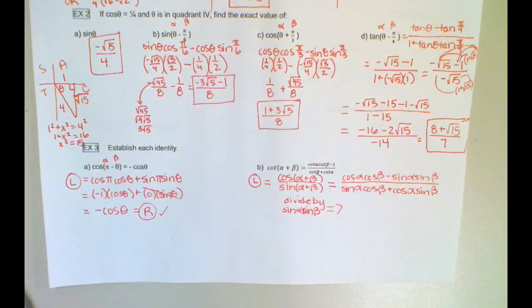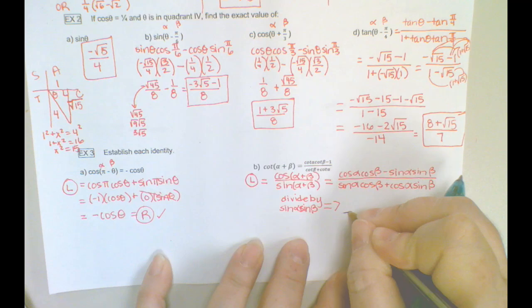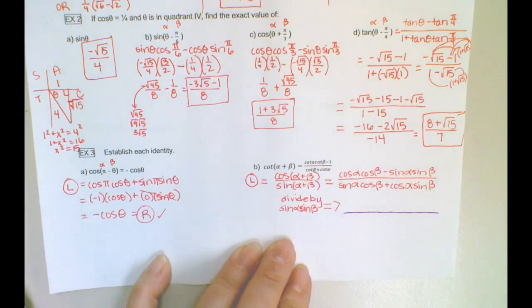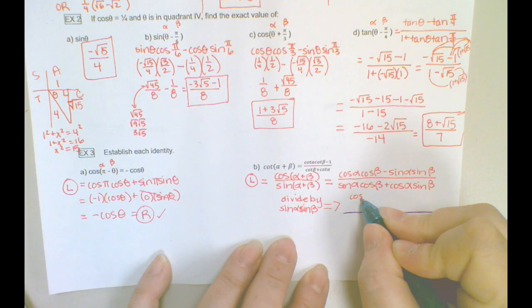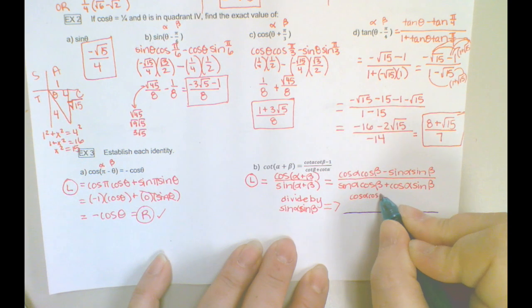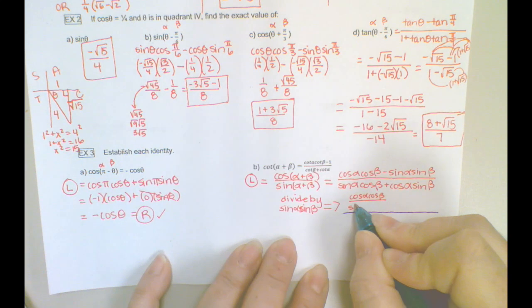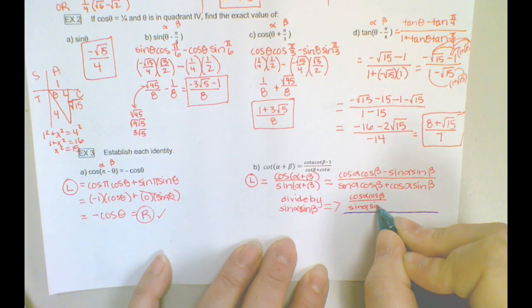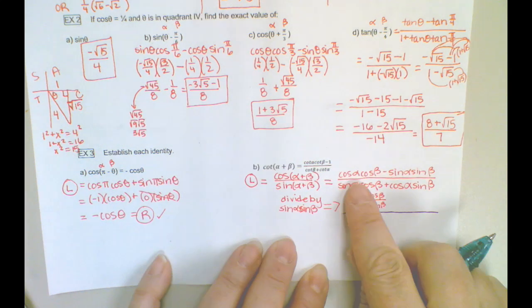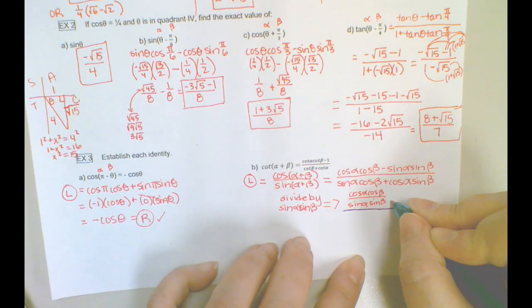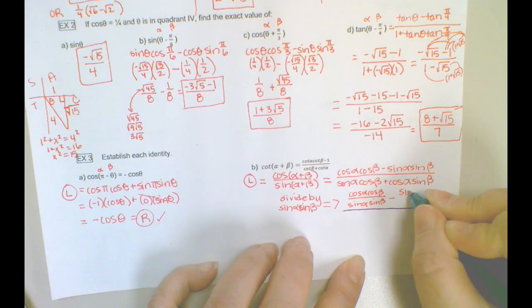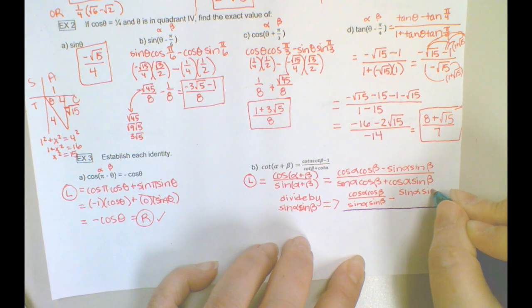So if I grab a different color here for just a minute, this is my original division sign. I'm taking now my numerator, and that first term gets divided by sine alpha sine beta, because again, that's going to get me cotangent alpha cotangent beta. So whatever I do there, I have to do to the other part of the numerator.